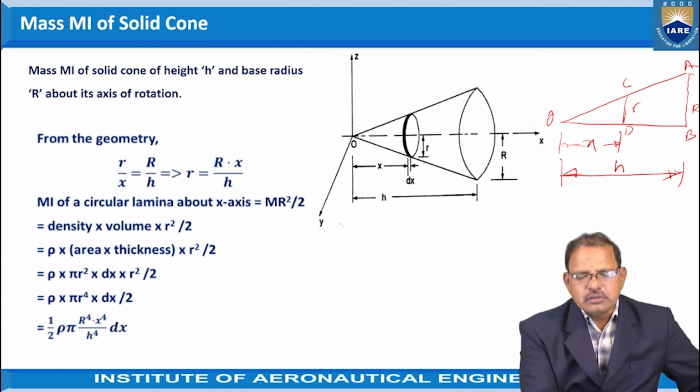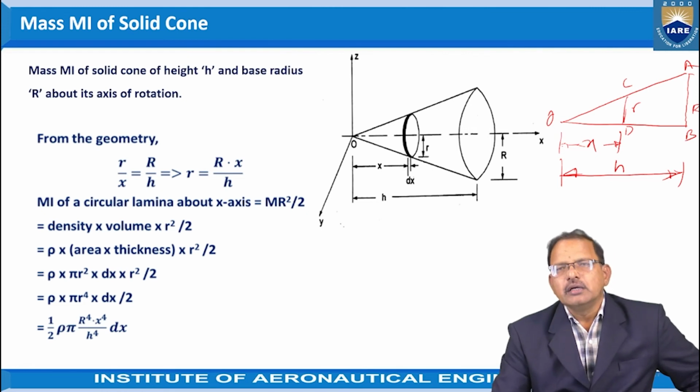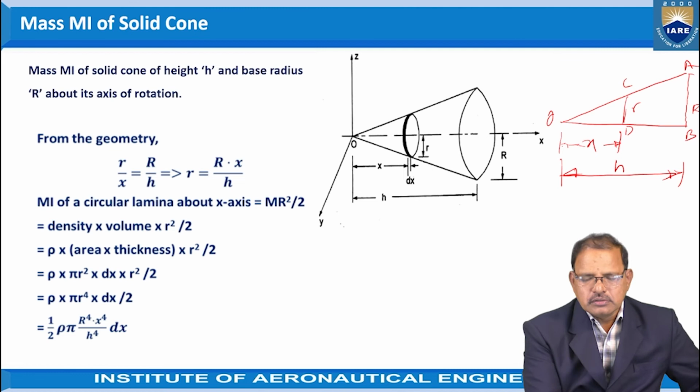Hence r by x is equal to R by h, where r is equal to capital R into x divided by h.